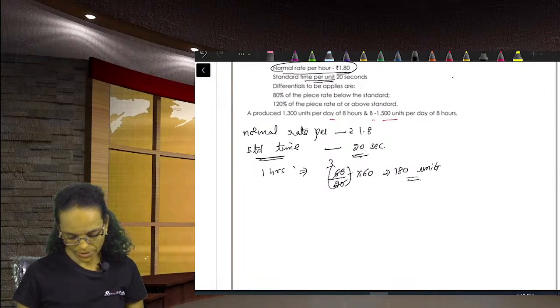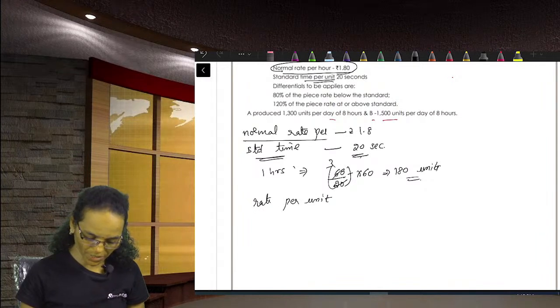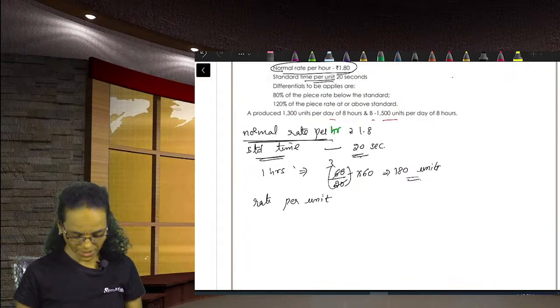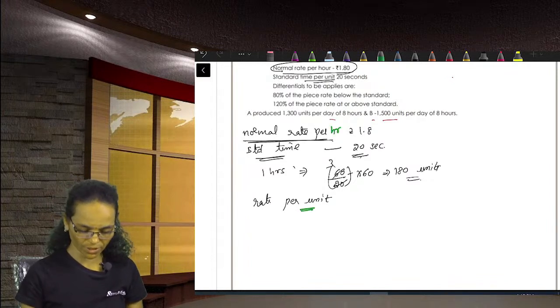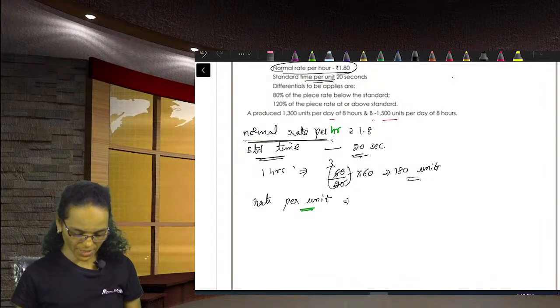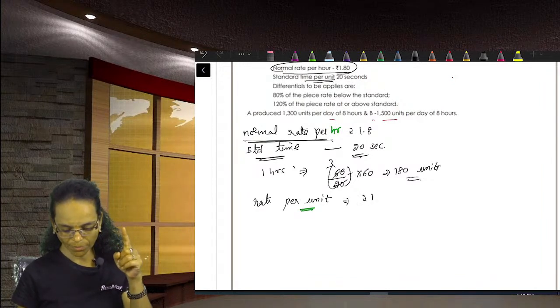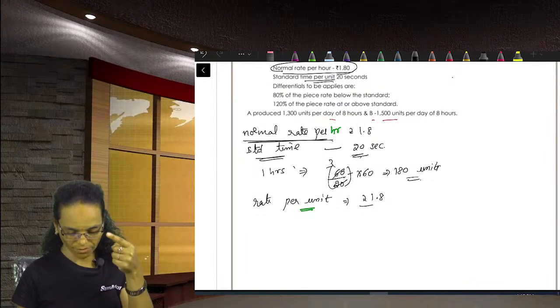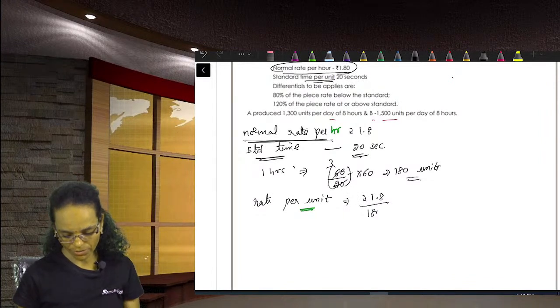Then the rate per unit. Here the rate per hour is given, but I am talking about the rate per unit. What is the rate per unit? 1.8 paisa is paid for producing 180 units.